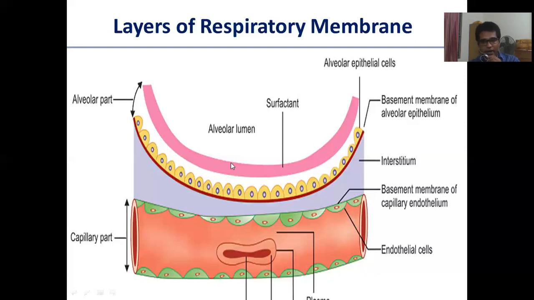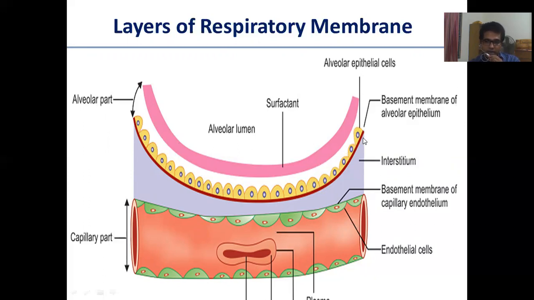This is the fluid layer, the fluid that lines the alveoli, and this layer also contains surfactant. The next layer is the alveolar epithelium. Here you can see the epithelial cells, which are simple squamous epithelium, or type 1 cells.